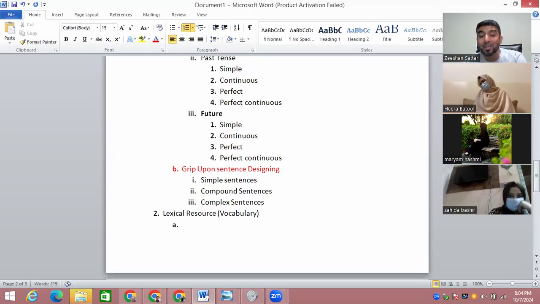So what does the examiner see here? Number one, the variety of words that we are using for a similar condition. For example, if there is an increase in a trend given by the examiner, we have learned only a single word since childhood.